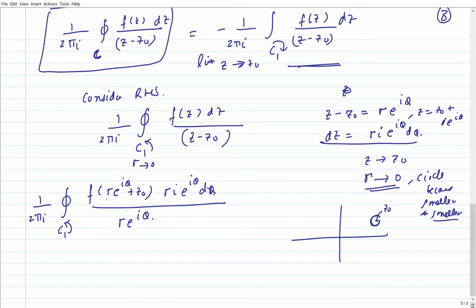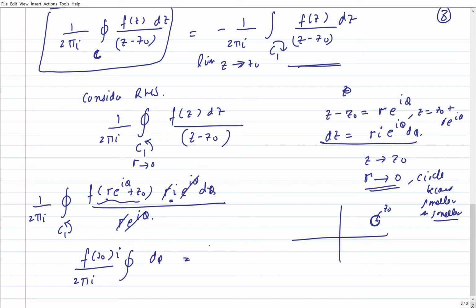As r goes to 0, I'll take the limit. So I'll just cancel these terms. That just becomes a constant, f(z0), which comes out of the integral over 2 pi iota, and I am left with an integral over theta. Iota also comes out of the integral. The integral over theta gives me 2 pi.